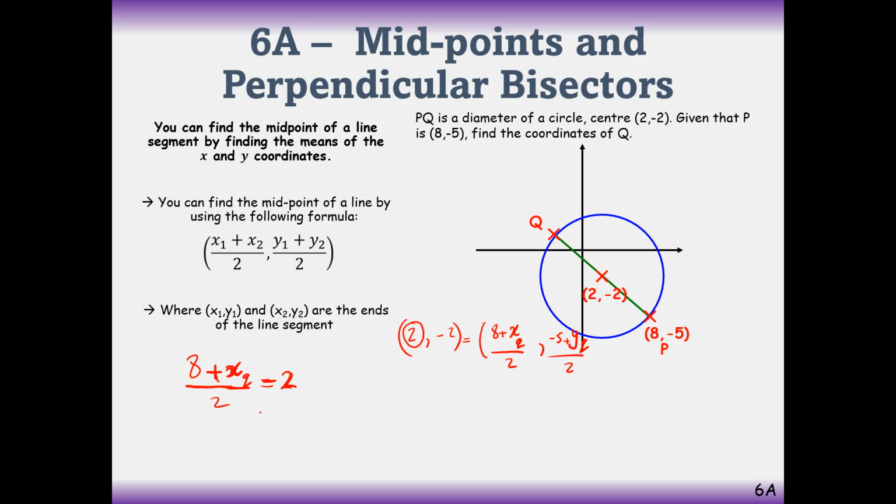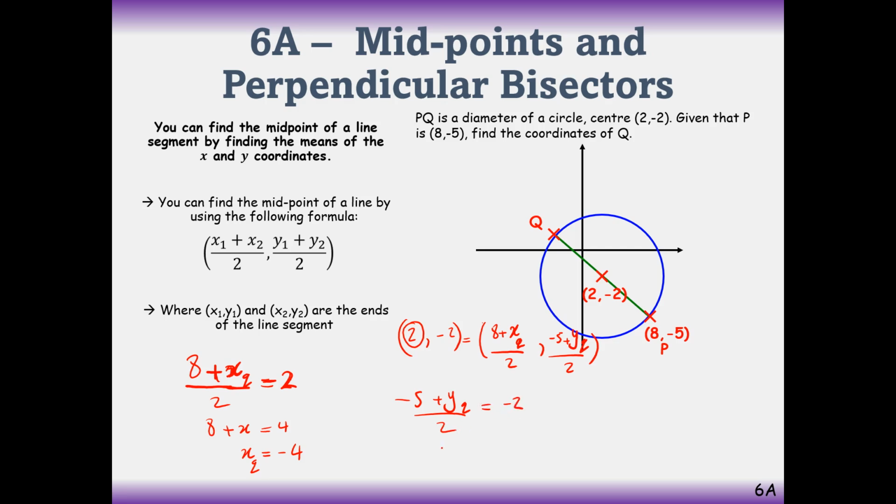Alright, so multiply both sides by 2 and you get 8 plus x equals 4. Take away 8 from both sides, so the x coordinate of q is minus 4, which makes sense in that quadrant. X is negative. Now taking the y coordinate equation, minus 5 plus y for q divided by 2 was minus 2.